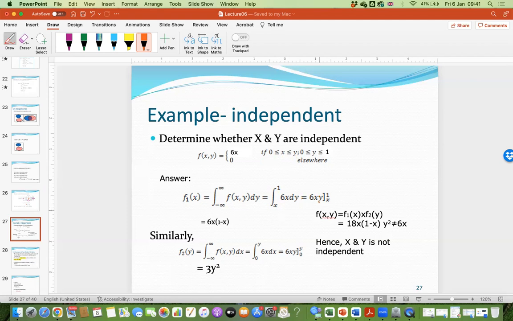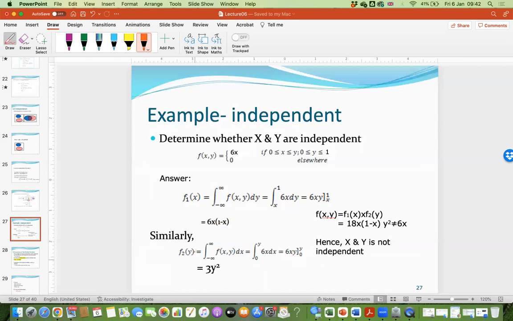When I do my integration, I have 6x, because this is integration of y, 6xy. And I have 6x times 1 minus x.